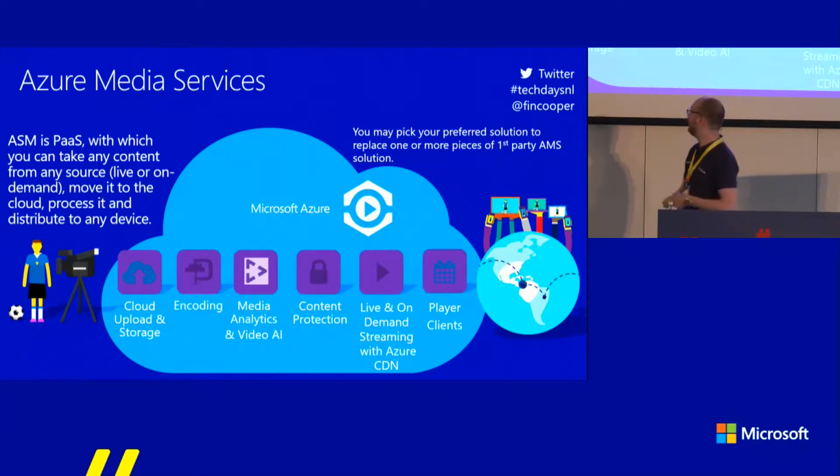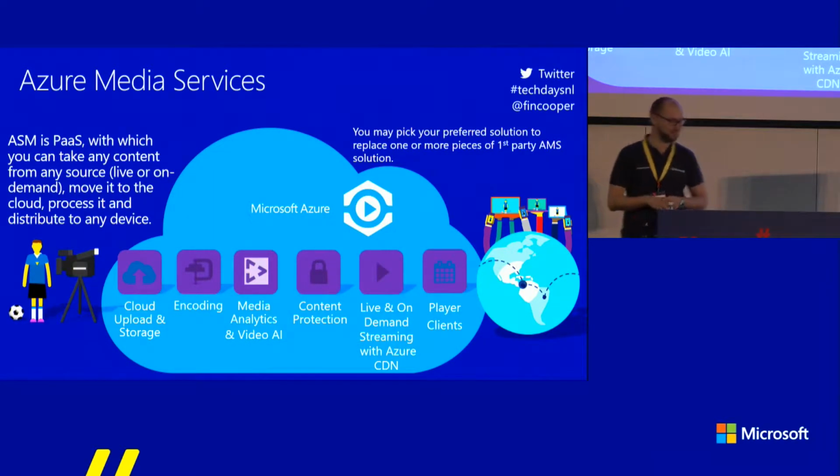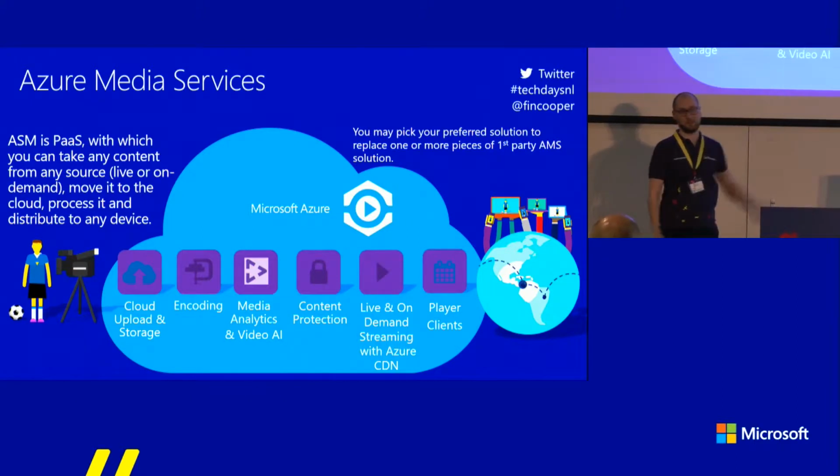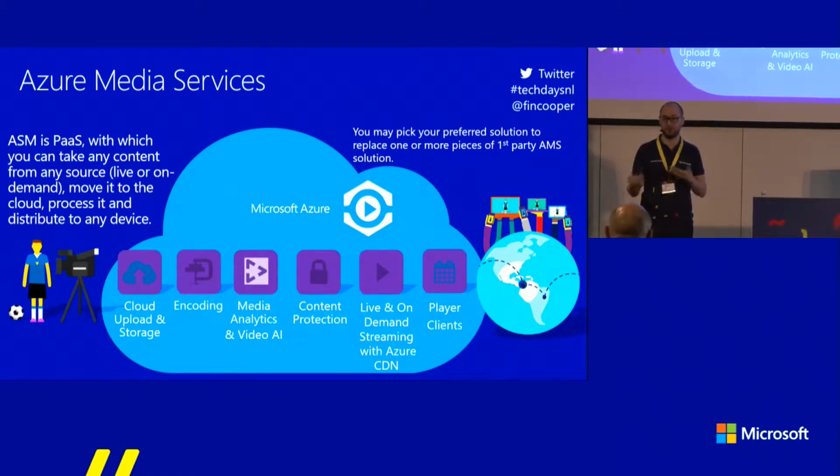So Azure Media Services is actually not just one product, it's a collection of platform as a service components. It's basically a mix and match set of tooling, like Visual Studio Team Services, so that you can pick one or more of these products if you have something of your own already.